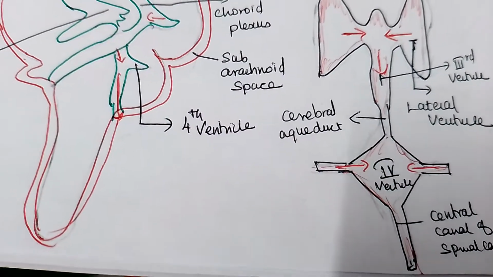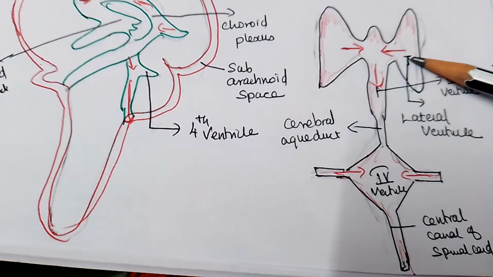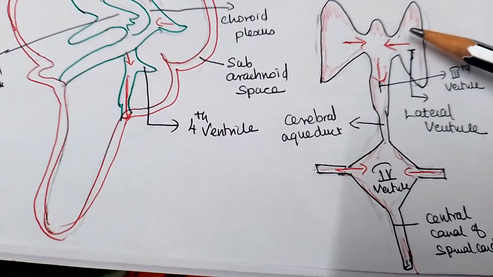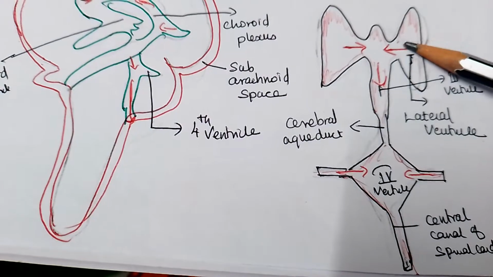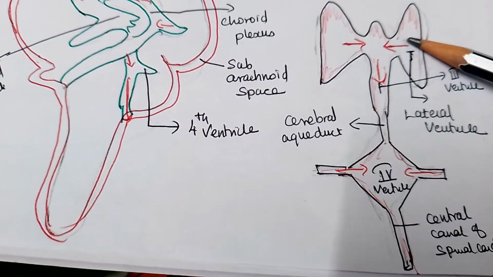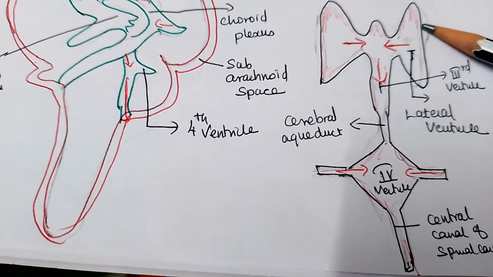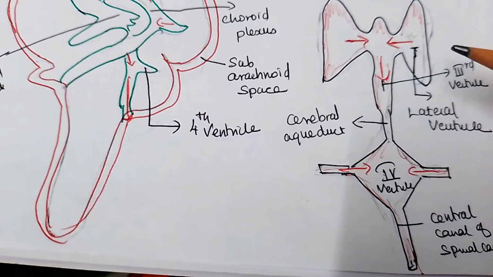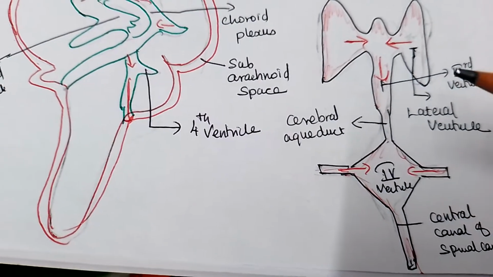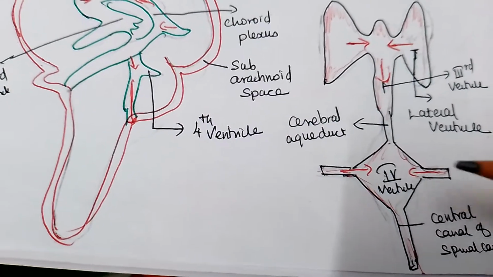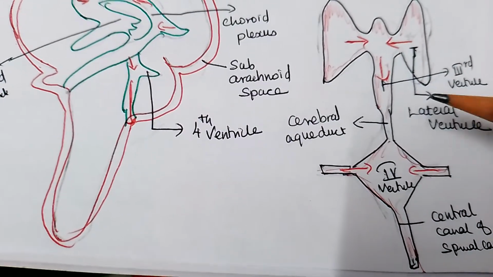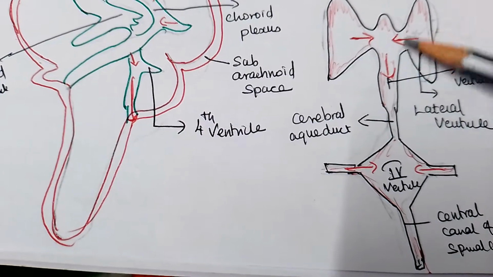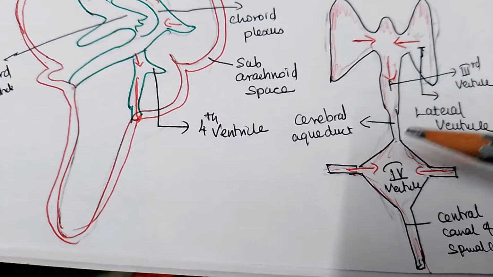We have seen that CSF is secreted by the choroid plexus epithelium and circulates throughout these ventricles. So these fluids are always being secreted. Somewhere it has to be absorbed. So the CSF circulates through the lateral ventricles to the third ventricle and the fourth ventricle.